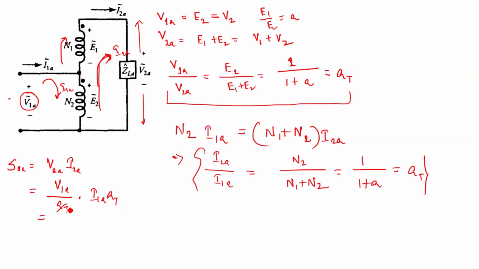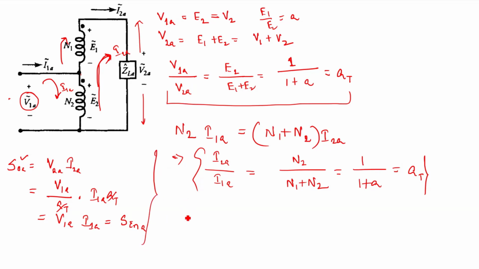So it will give the same relationship. That means V1A into I1A, that will give me SO input, right? Or S in A. That means the apparent power input is equal to the apparent power output in the autotransformer.